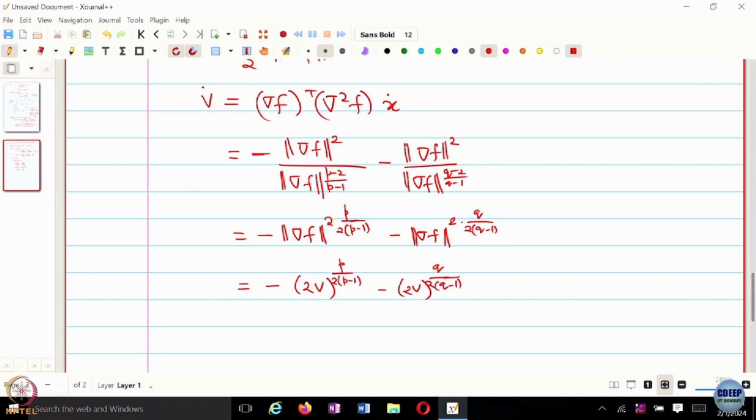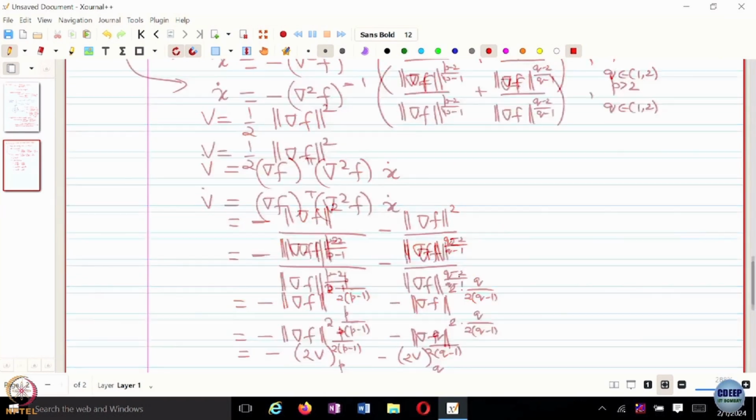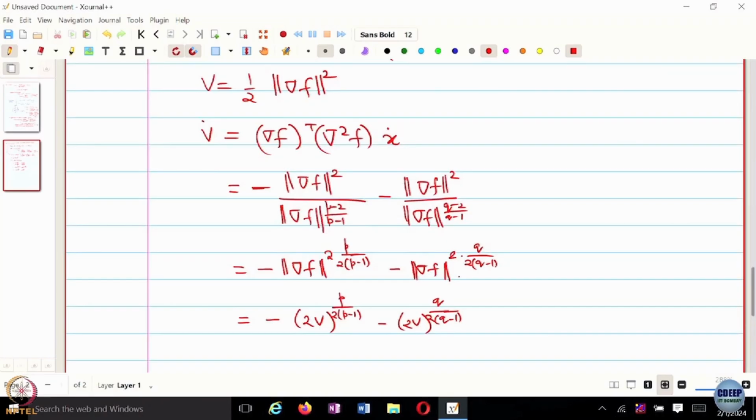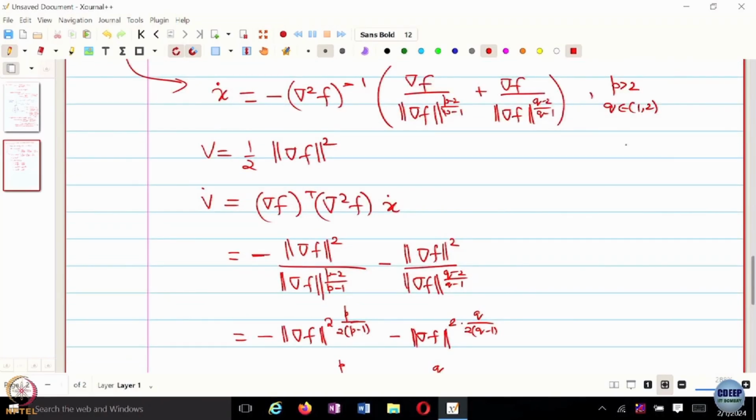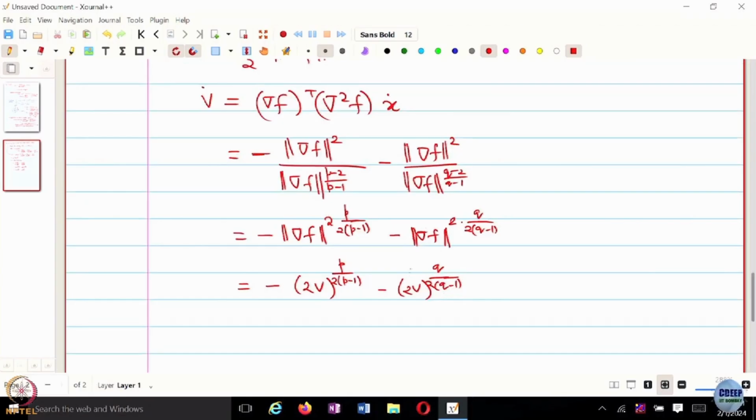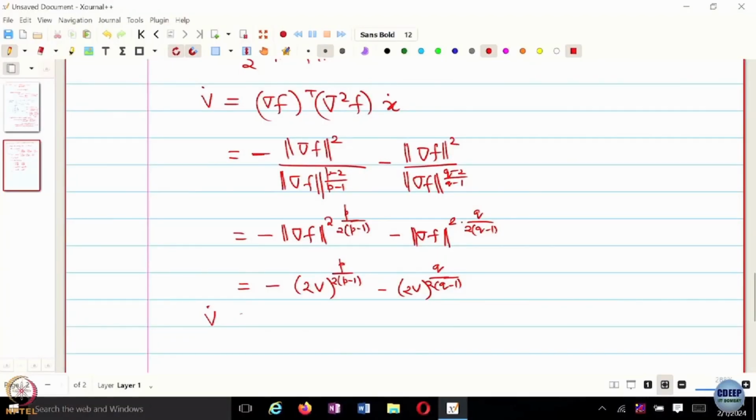For the specific choice of p greater than 2, p over 2p minus 1 is a number between 0 and 1, and for q between 1 and 2, this exponent would be a number greater than 1. So that basically ensures that V dot is less than or equal to a certain thing. If it is equal, you can always write it as less than or equal to.